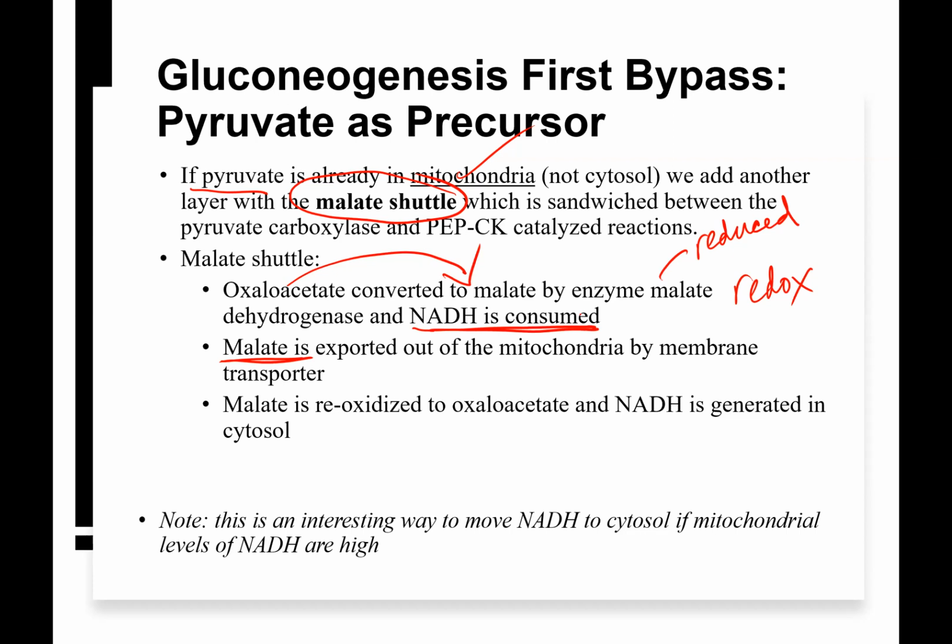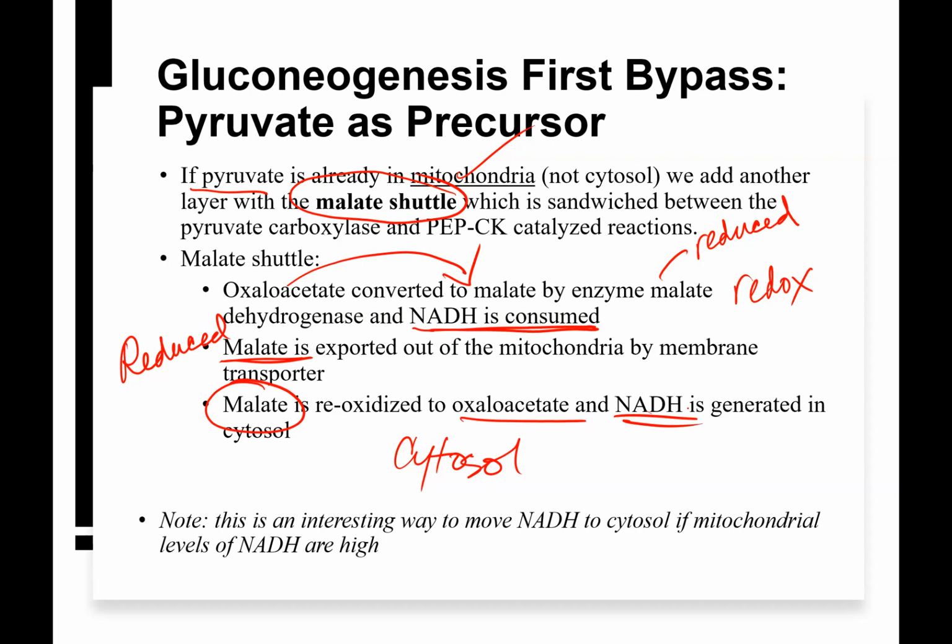Malate, reduced, it has more electrons, right, is exported out of the mitochondria by a membrane transporter. That means this is called a reducing equivalent. We have taken a reducing equivalent and pushed it out into the cytosol. What happens to malate when it is reoxidized to oxaloacetate in the cytosol is that NADH is regenerated.